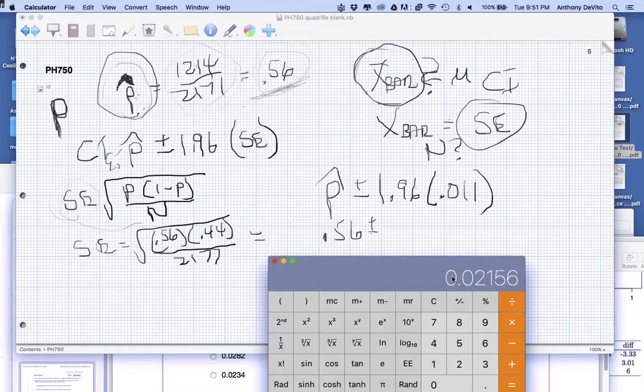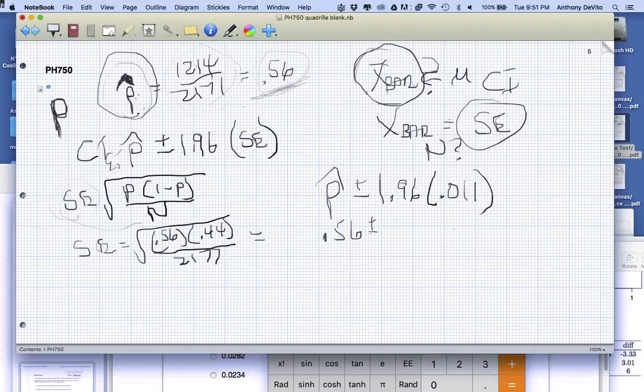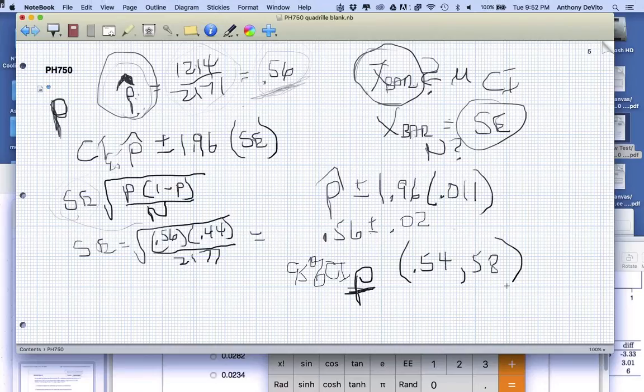I'm going to call it just 0.02, just for our purposes, so plus or minus 0.02. So my 95% confidence interval for the true proportion p, not p cap, is between 0.54 and 0.58. So I'm 95% sure that the true population proportion is between 54 and 58%.